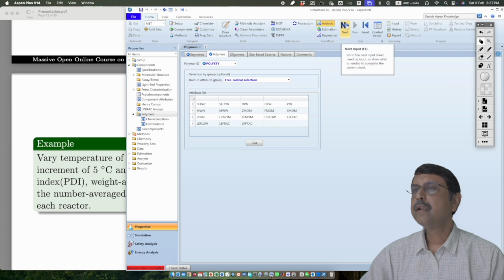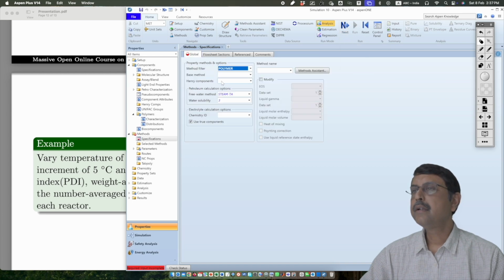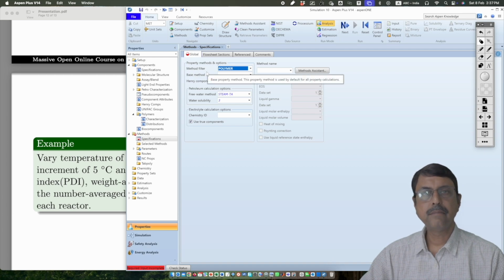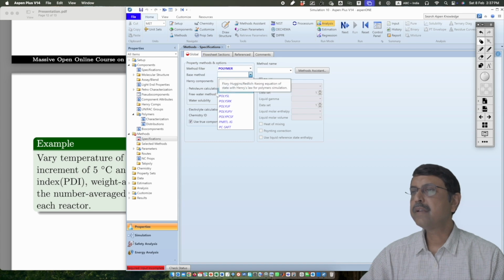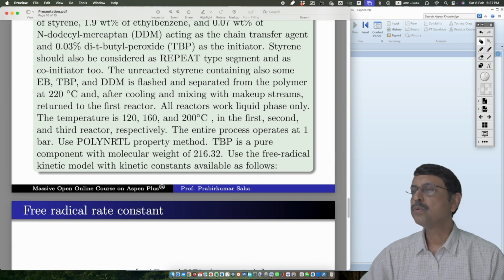Then we have to choose the specification methods. So the method filter is polymer because we have taken the polymer filter and these base methods are available and we have to choose poly NRTL because that's what we have been asked to use, poly NRTL property method.